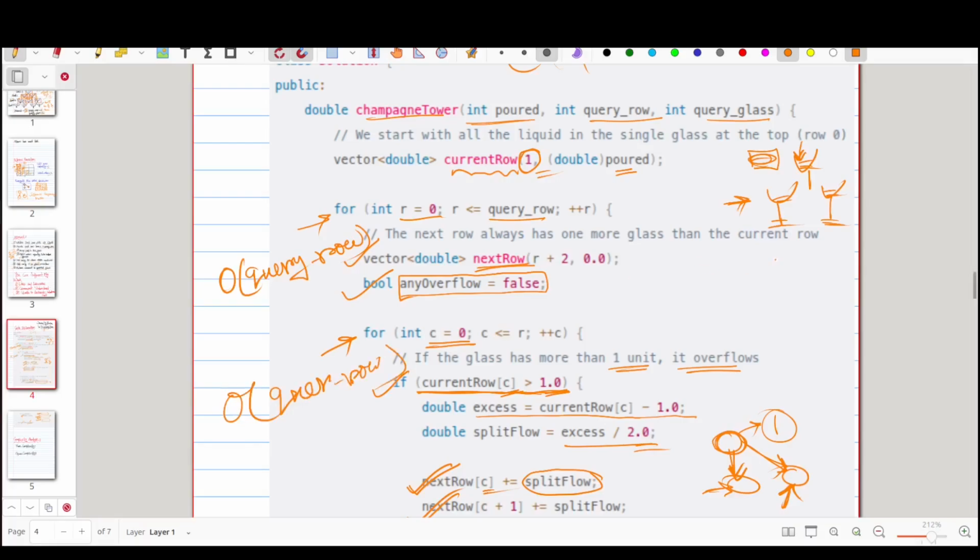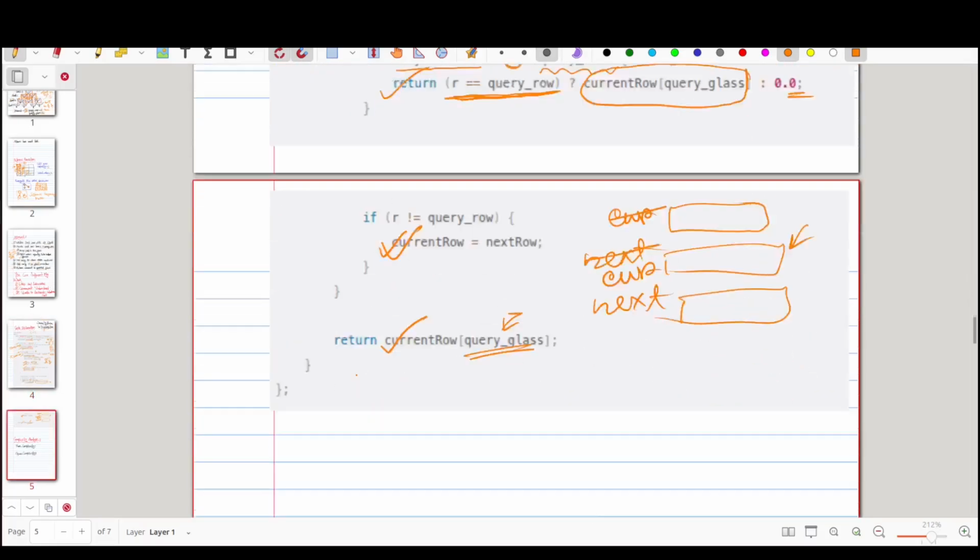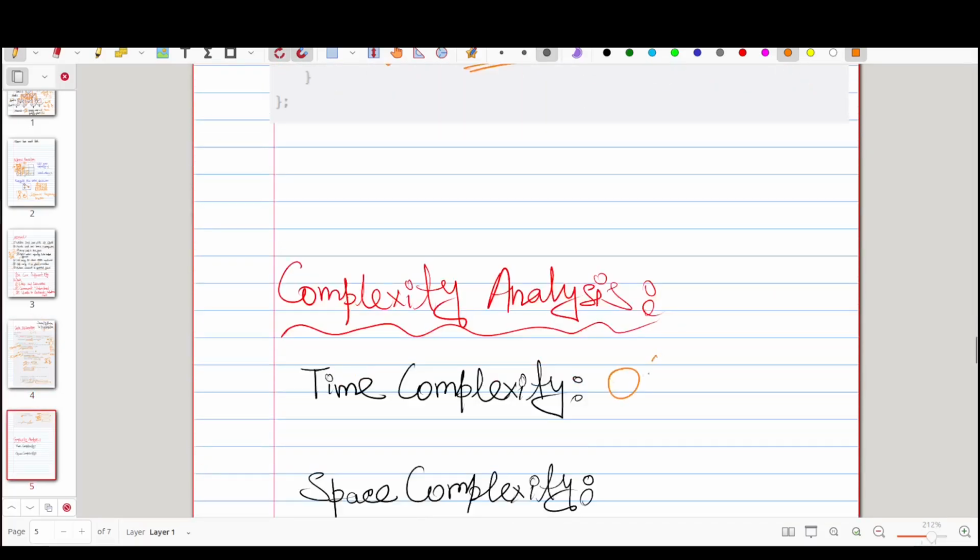Because in the first level there is only one glass, in the second level two glasses, in the third level three glasses, and as you go to level R, you get R glasses. So this loop will iterate up to big O of query row. So you can consider big O of R square, where R equal to query row. This is the time complexity.